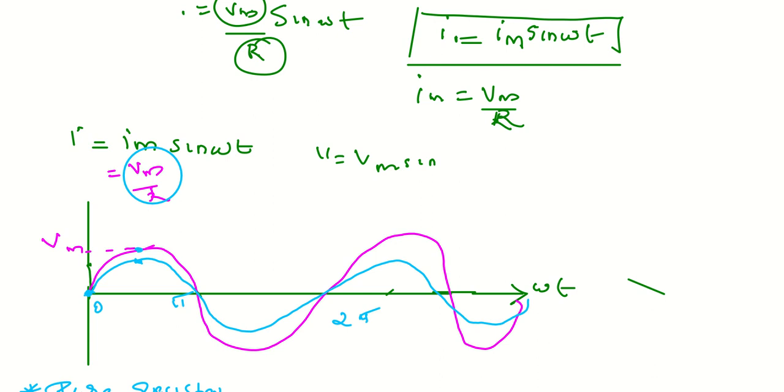The average current is equal to 0. However, that does not mean the average power consumed is 0, that there is no dissipation of electrical energy. So we have to find that power.